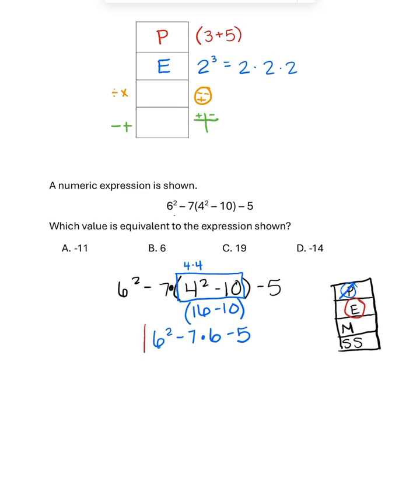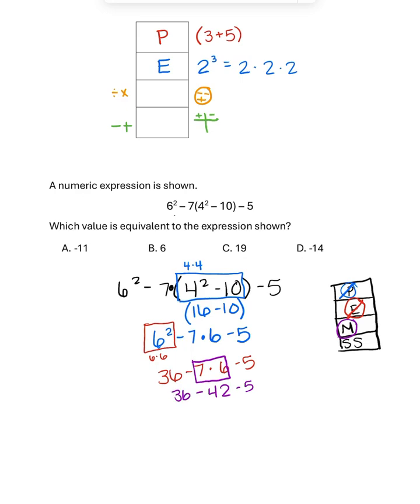So I need to do my exponent here. That is not 6 times 2, it is 6 times 6, which is 36. And then I'm going to rewrite everything else. I'm done with my exponent. So what is my next step? It is multiplying. So we need to do the multiplication. What is 6 times 7? 42. Rewrite.